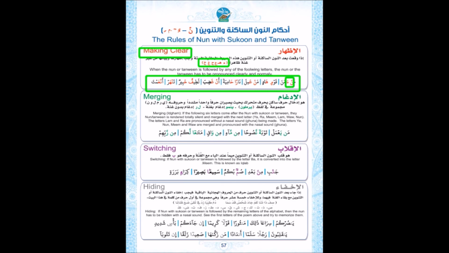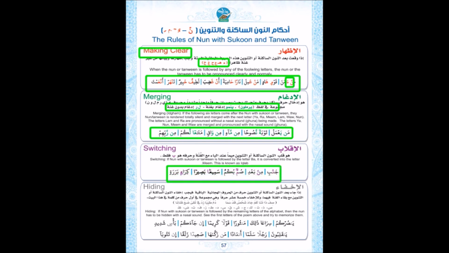And then we have idgham with its letters, as well as an example for each case. We have iqlab, switching the noon into a meem, and we have several examples of this with tanween and noon with sukun. And finally ikhfa, or hiding, where we provide some lines of poetry for memorizing the letters.